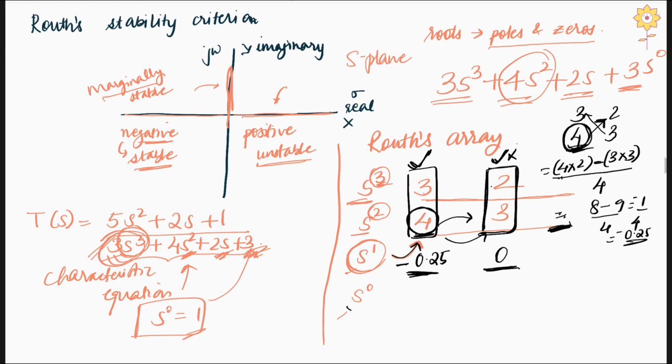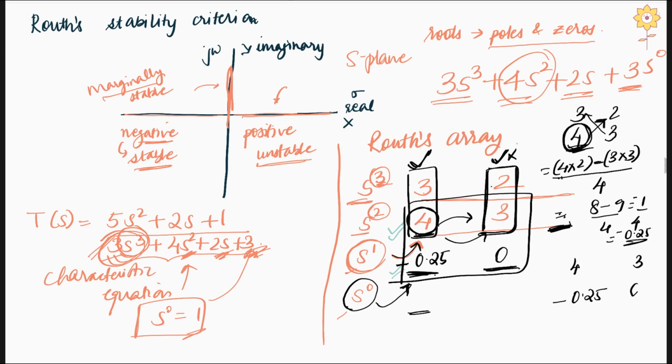Now, we will solve for s^0. Like I told you, we will see the preceding two rows just above s^0. So, here now we have 4, which we will take, and we will write here 4, then we have minus 0.25. Then for this position, we will take the set of these 4 numbers. So, we have 3 and 0.